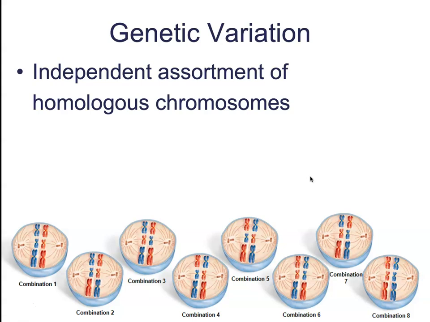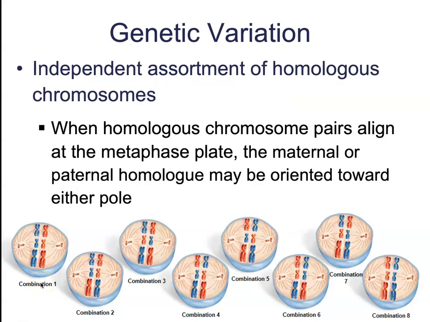Another way that we get genetic variation would be through independent assortment. Independent assortment is also pretty cool. Independent assortment of the homologous chromosomes means that when those homologous chromosomes line up down the center of the cell, they could line up in any which way. We have no idea how they're going to line up.